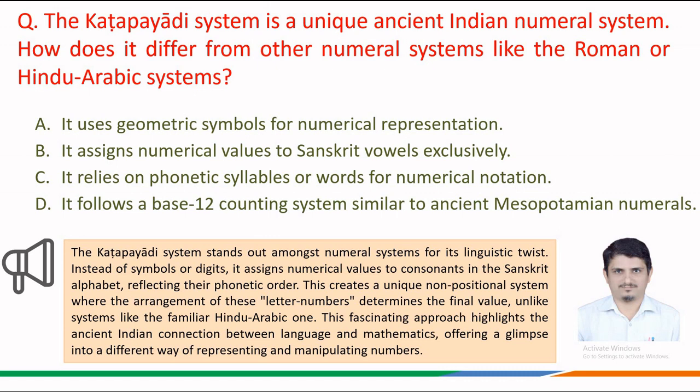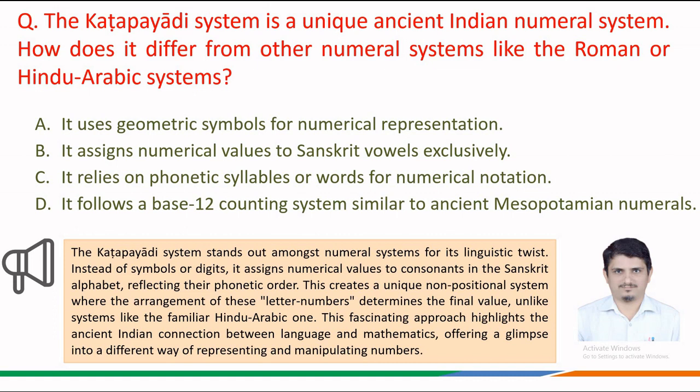The points to consider here are, the Katyapadi system stands out amongst numeral systems for its linguistic twist. Instead of symbols or digits, it assigns numerical values to consonants in the Sanskrit alphabet, reflecting their phonetic order. This creates a unique non-positional system where the arrangement of these letter numbers determines the final value, unlike systems like the familiar Hindu-Arabic one.